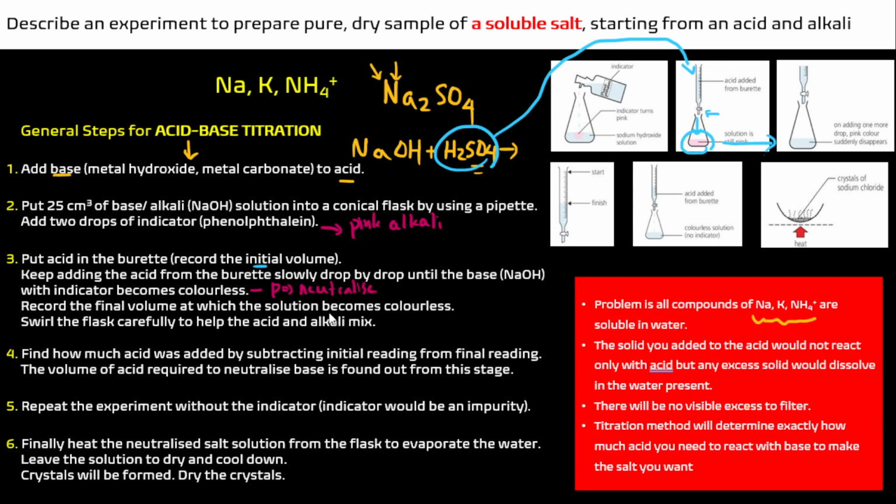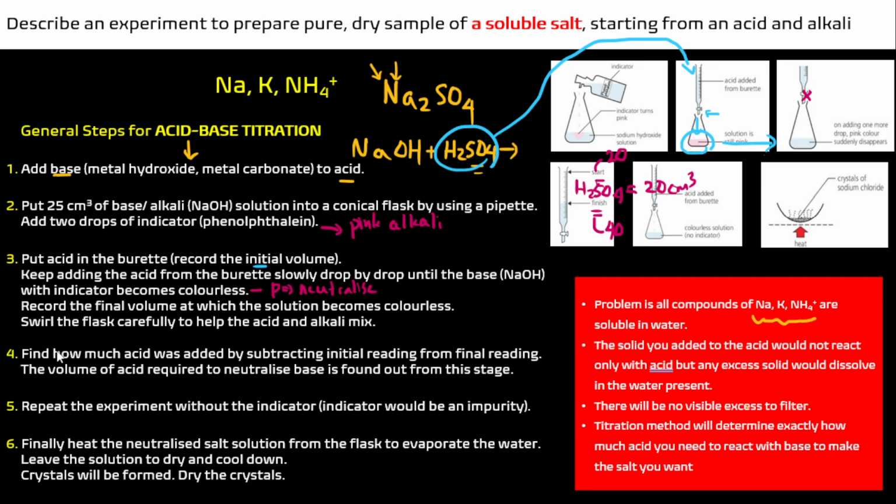As soon as this NaOH becomes colorless, stop the tap, and you will have your final volume here, and you started with your initial volume here. So let's say if your initial volume was around 20 and your final reading is around 40, you know that the amount of acid H2SO4 that you added was 20 centimeter cubes.